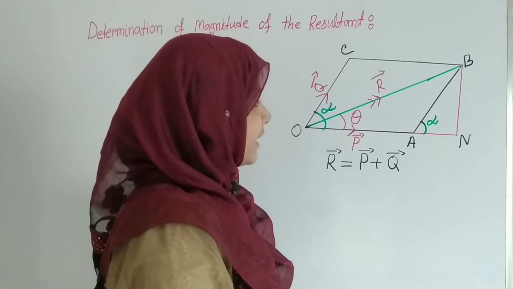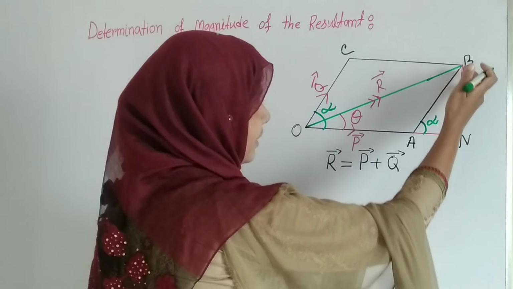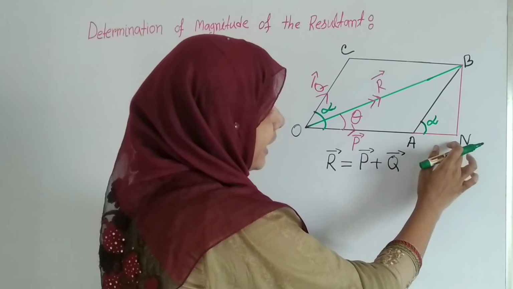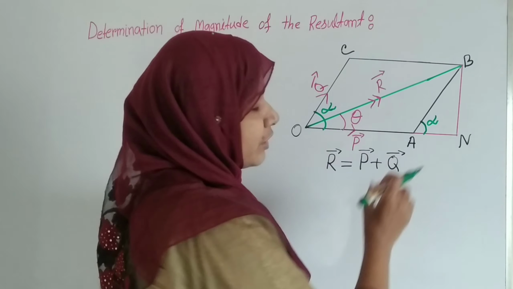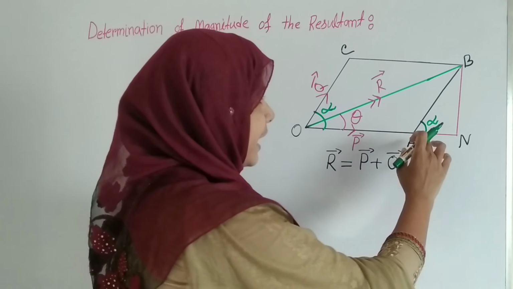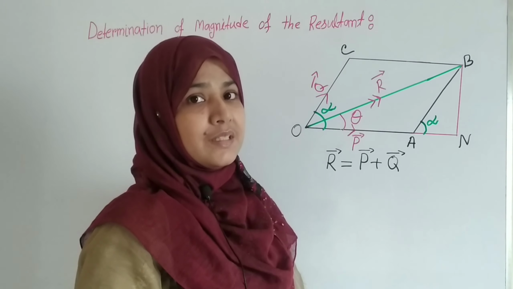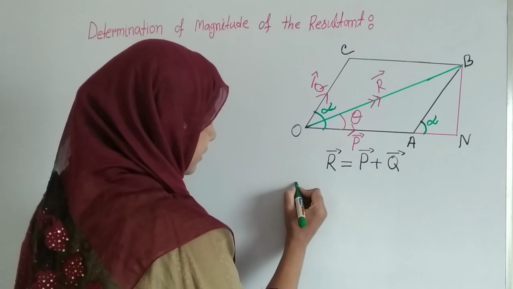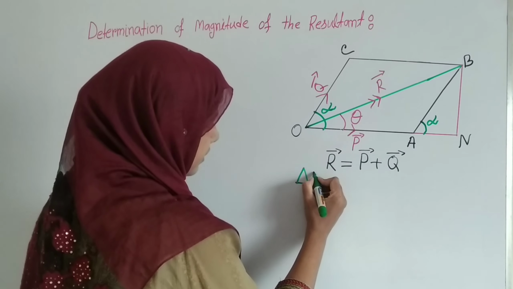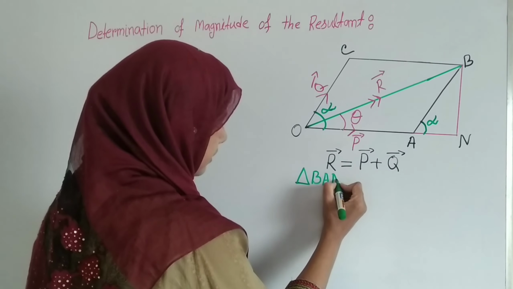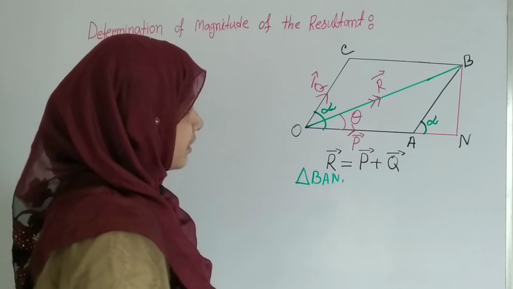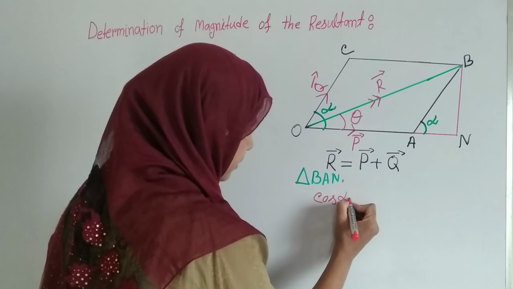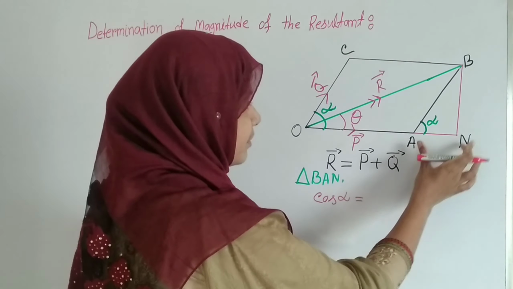In a right angle triangle, BN is the perpendicular, and as the angle is created with AN, this AN will be the base of this triangle and AB is the hypotenuse of triangle BAN. Now in triangle BAN we can write that cos alpha means base by hypotenuse.